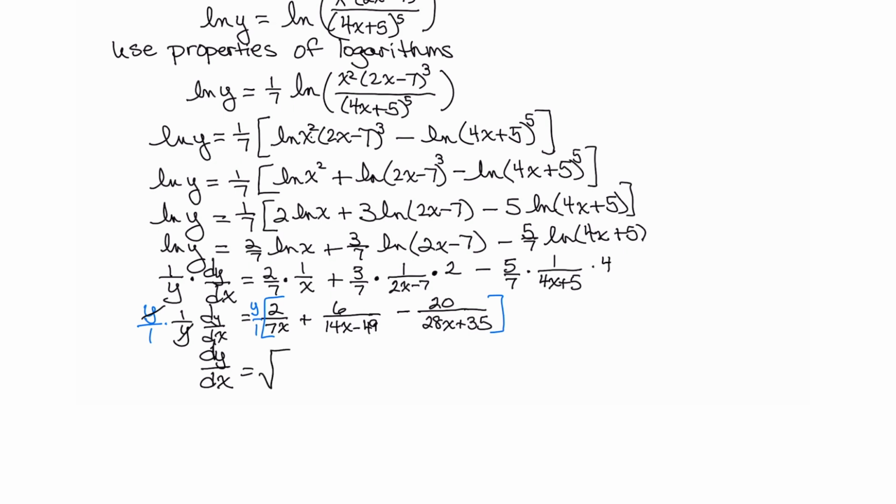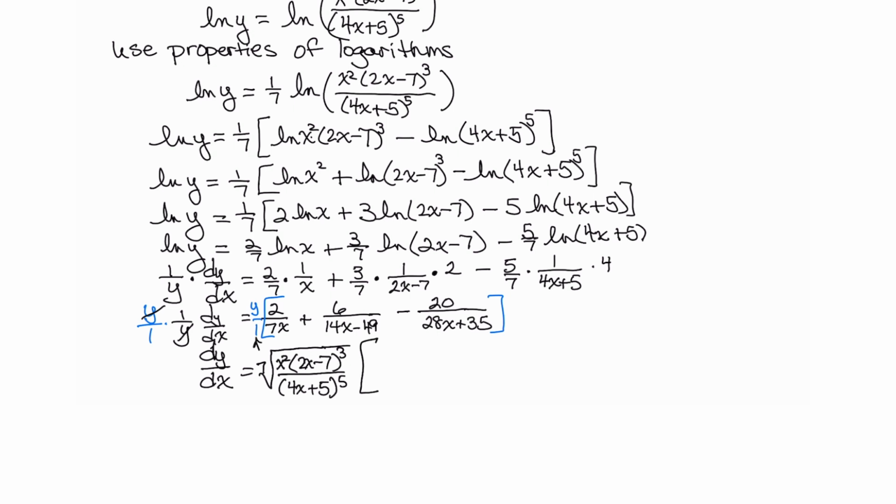So we have the 7th root of x squared times 2x minus 7 cubed over 4x plus 5 to the 5th. That's from the y.